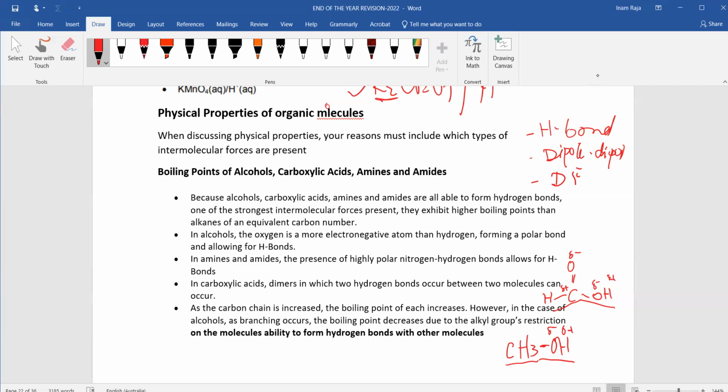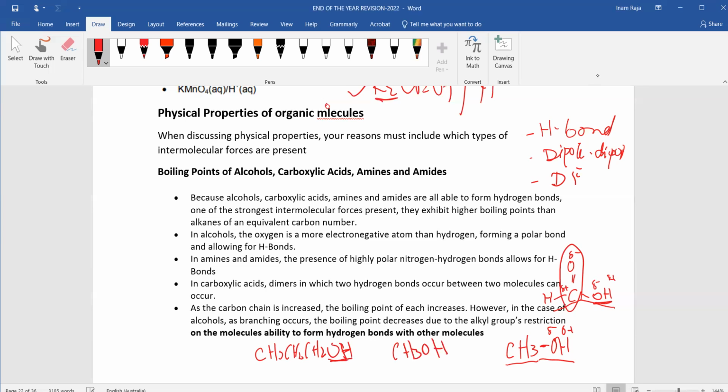So the reason should include that the carboxylic acid has hydrogen bond as well as dipole bond, so it dissolves better. Similarly, if you have CH3, CH2, CH2, OH versus CH3OH, which one dissolves better?